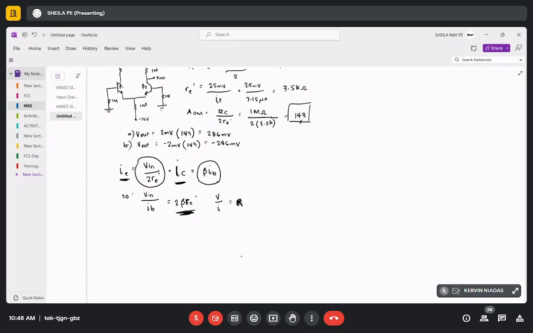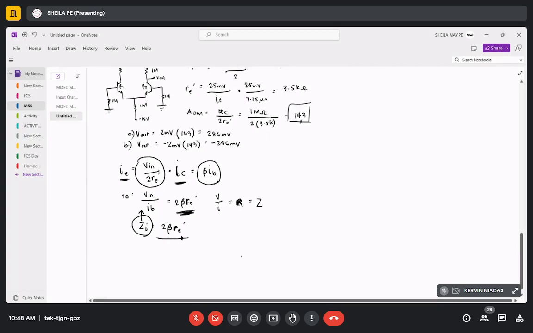But since this is on AC analysis, that's impedance Z. So Vn over Ib is a resistance in DC, and in AC, that's impedance. And impedance is just equal to our 2 beta Re. Now this 2 beta Re, class, is our input impedance. Our Z input is just equal to this one.